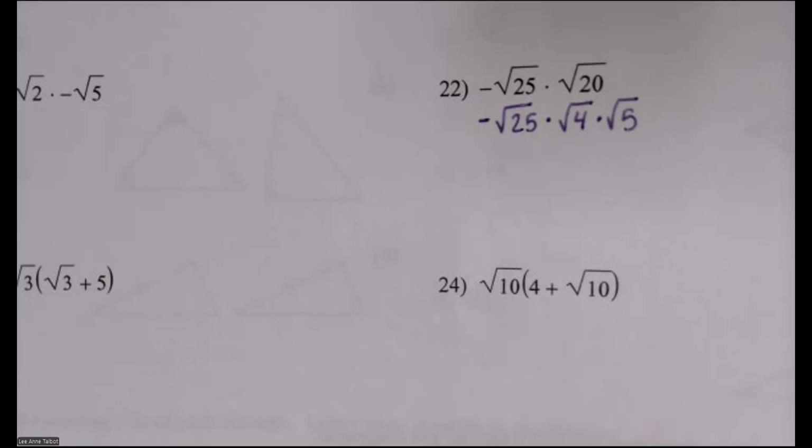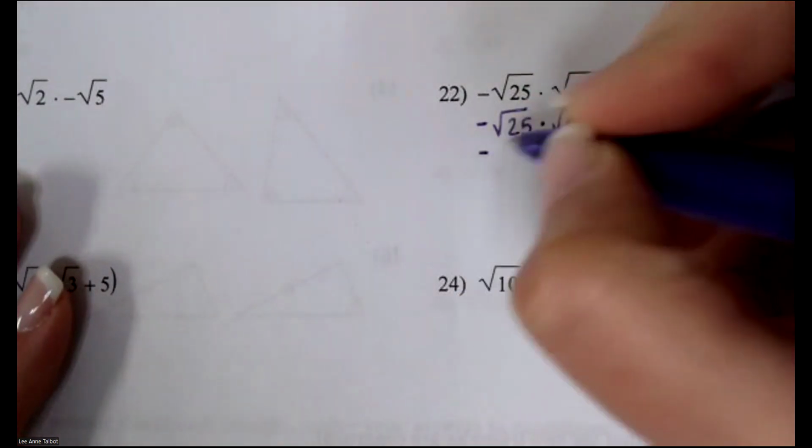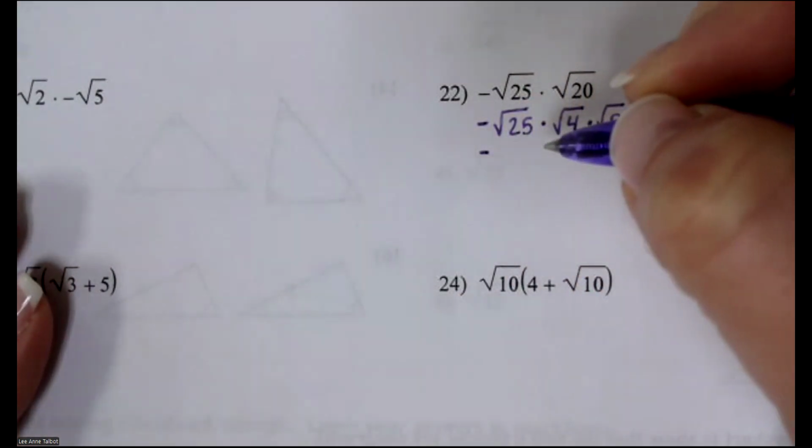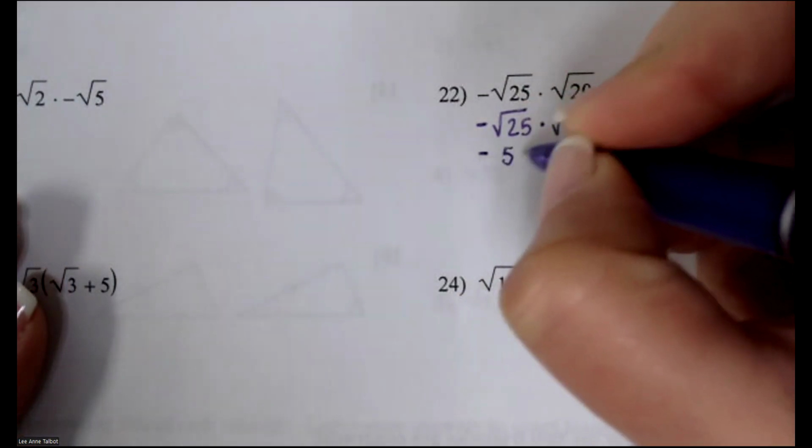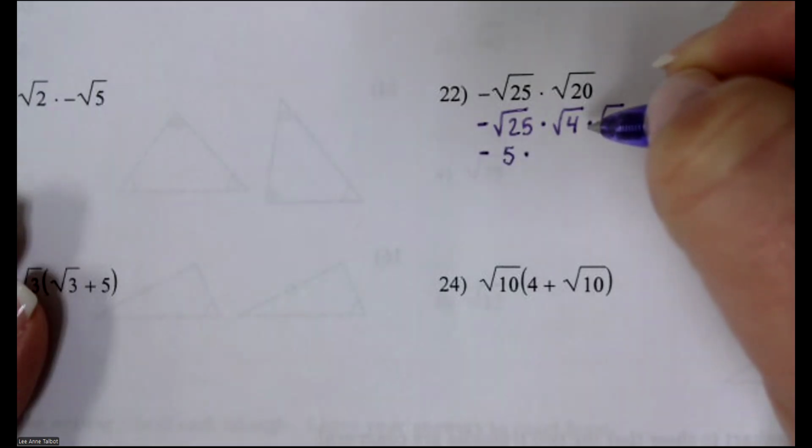Or you can say root. Okay, so what would be the final answer of this, Jules? Let's do it slower. So the square root of 25 is, okay, beautiful. Square root of 4 is beautiful.